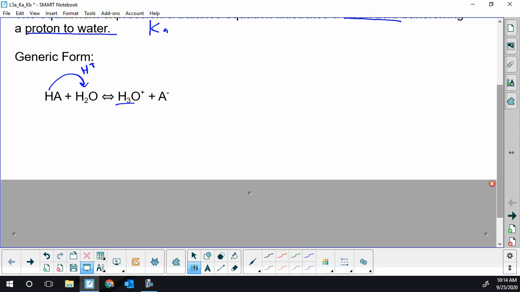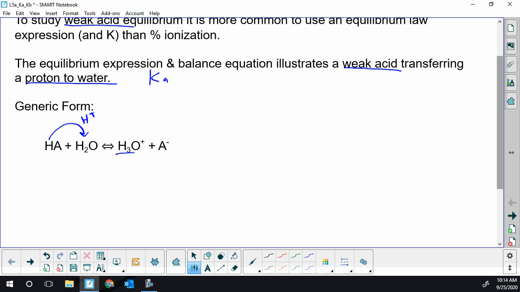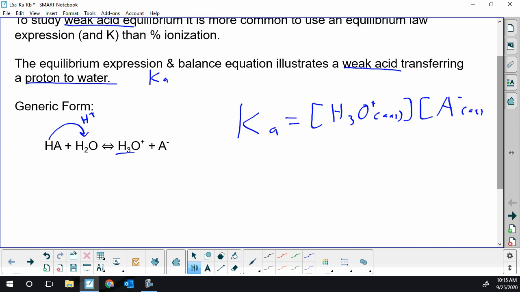Okay. The equilibrium law expression is always going to have the same format because the equation has to have the same format because of this definition of K, to get our Ka values. So Ka is always going to be in the format of hydronium concentration times whatever that conjugate base is of our acid, which I'm calling A-. Okay. It doesn't have to have a charge of -1.